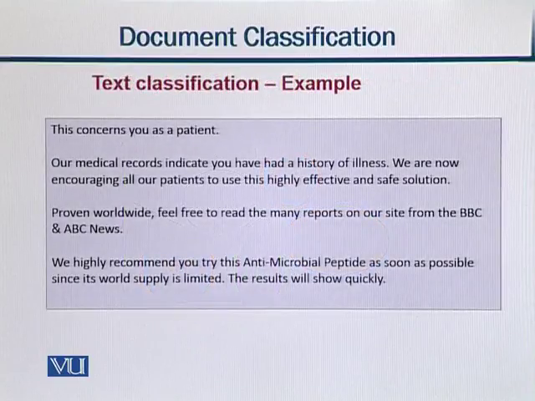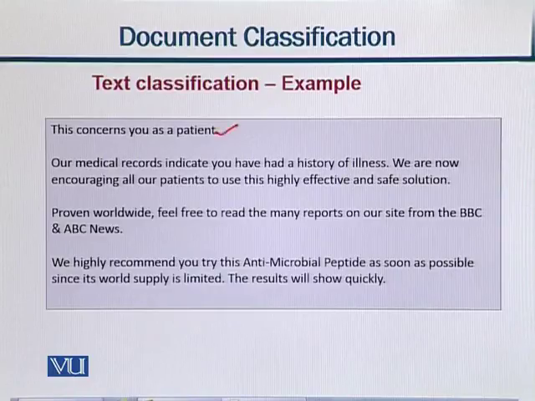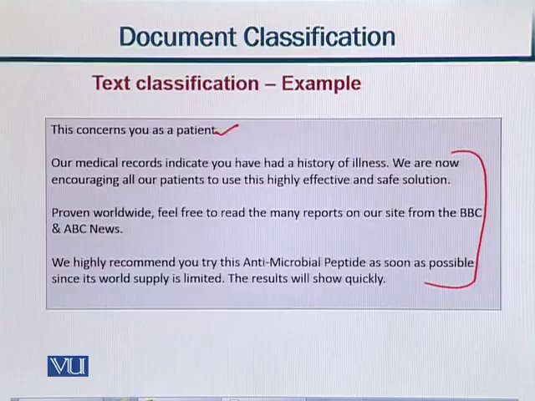Here I have given an example to make you understand what I always say about classification. There are basically 4 different paragraphs in this text. So this one, we can say, is the classification for this complete text. This text presents some information for a patient who is suffering or who has a history of some diseases, and the doctors or this software wants to warn that patient that they may have some disease in future.